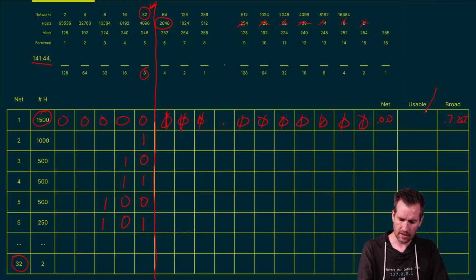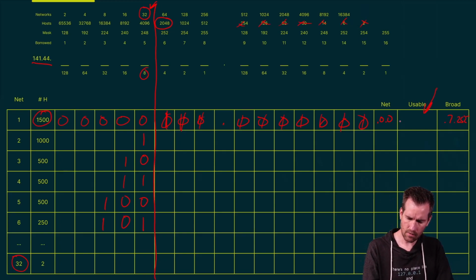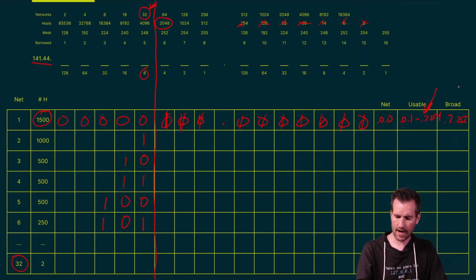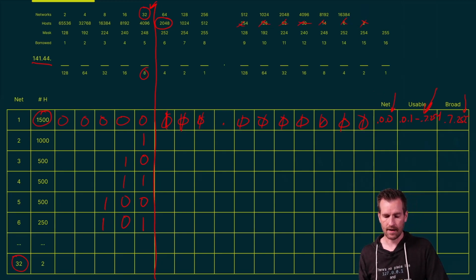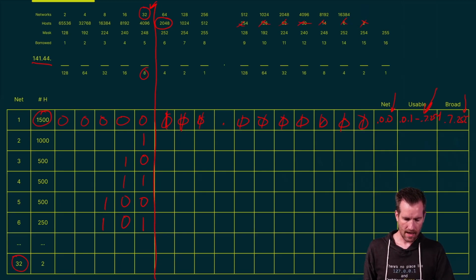So the usable range is anywhere from .0.1 through .7.254. So we're going to subtract 1 from that last octet there and add 1 to the last octet there to find out what the usable host range is. So there we have it.